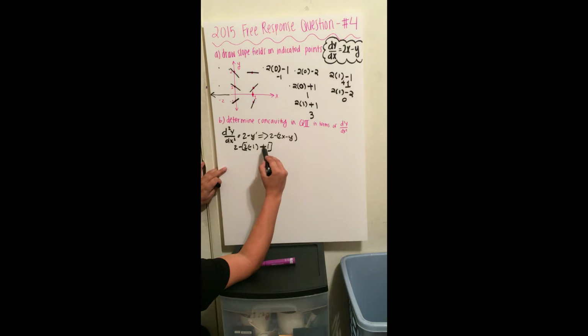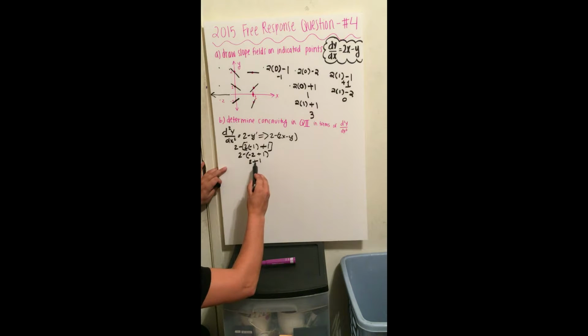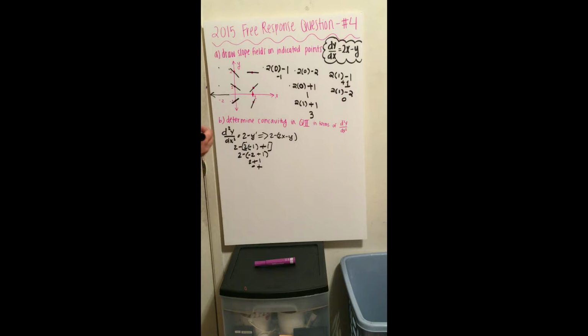We can turn this into a positive: 2 minus (-2 plus 1), then this becomes -1, 2 minus -1. This is a positive number. The number itself doesn't really matter, we're just looking for the sign. So we can say that this is concave up.